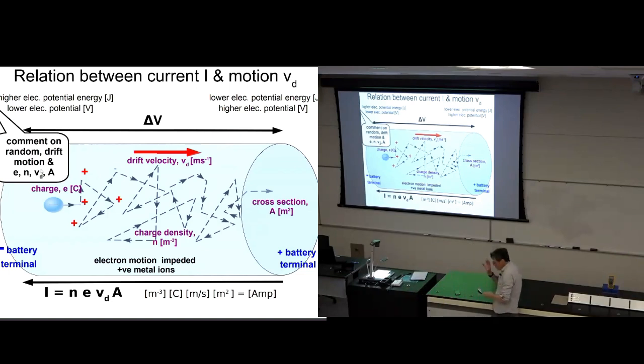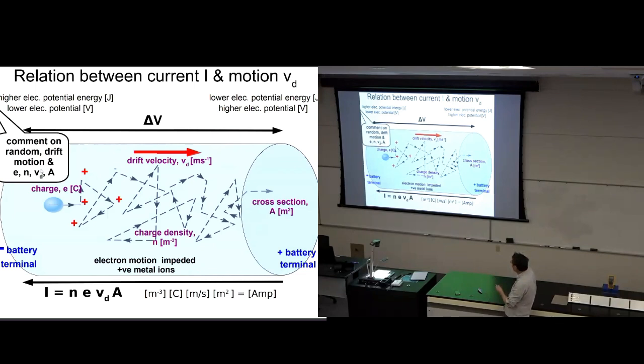Okay. In addition to the little sketch of our electron being a superimposed, frantic, and gradual drift motion, I've added a bunch of definitions of a bunch of quantities, because these are key to this equation for the current in terms of the motion of electrons themselves.